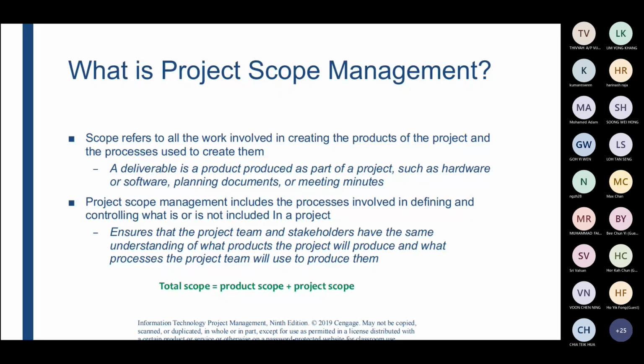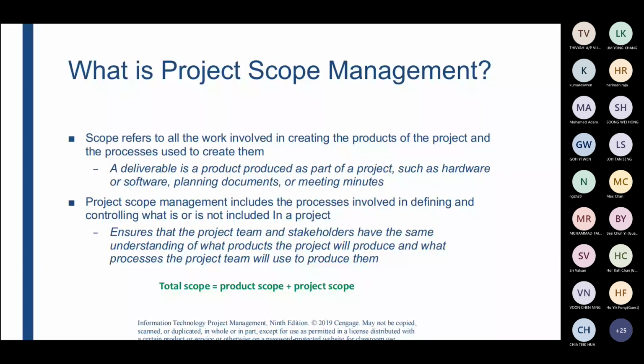If your scope is wrong, definitely your product will be incomplete. I won't say it will be completely wrong, but I would refer to it as an incomplete product of the project, or you might have missed one or two processes that produce an incomplete product.